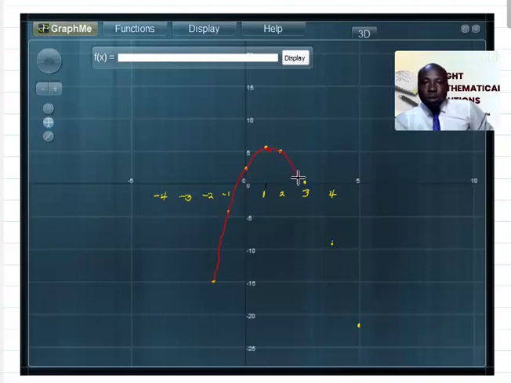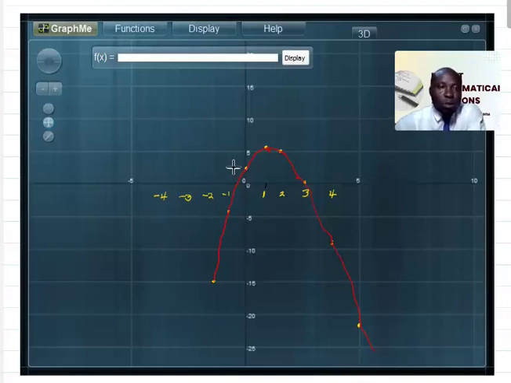So you connect all those dotted lines together. Sorry, don't mind my drawing. It may not be as perfect, but this is exactly how the graph will look like.